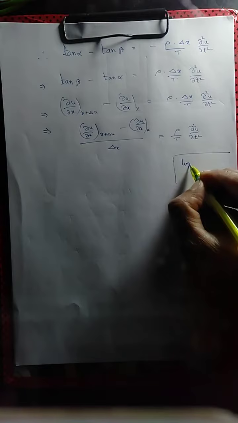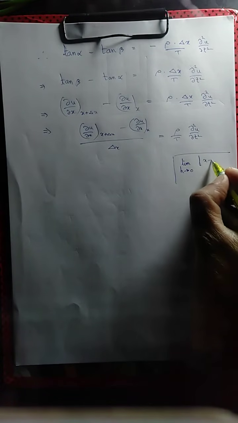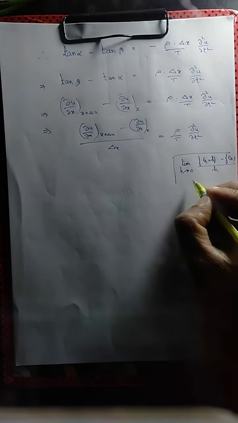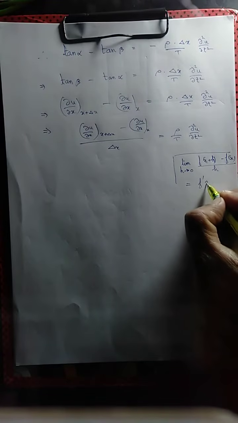Now before we take the limit, we can recall the limit as h tends to 0 of f of x plus h minus f of x by h is f prime of x.